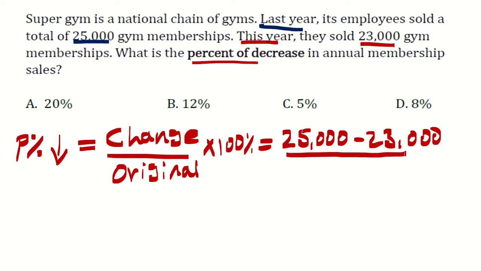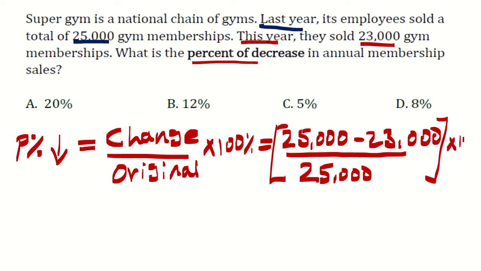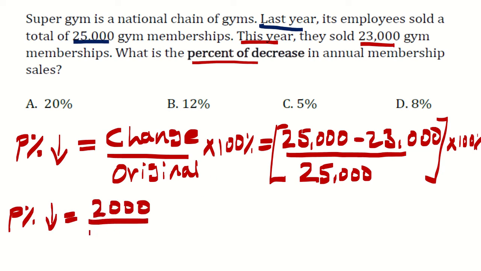The whole over the original, like last year, the first one, that is 25,000. The whole will be multiplied by 100%. Therefore, the percentage decrement is going to be, the difference here is 2,000 over 25,000, the original sale, multiplied by 100%.